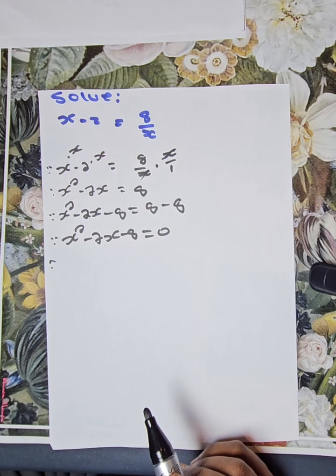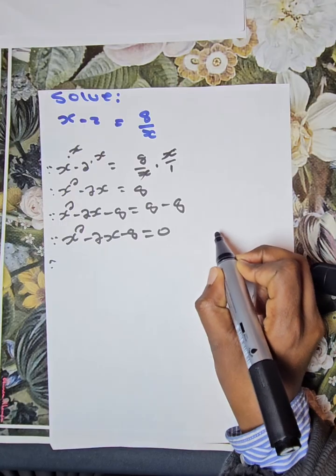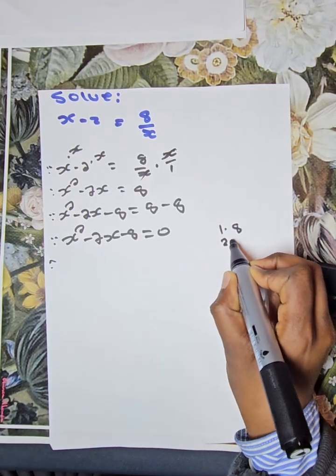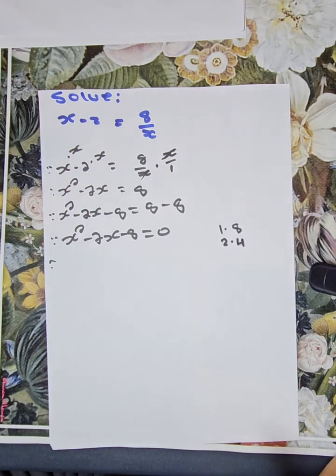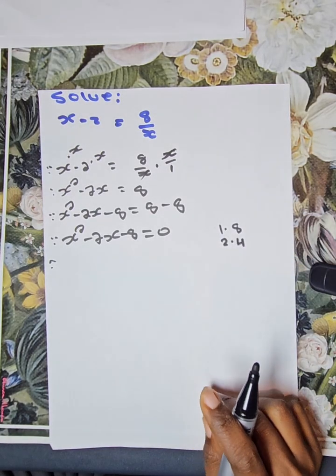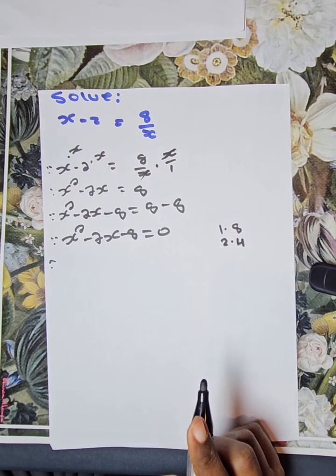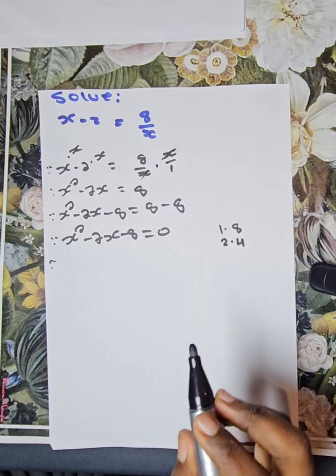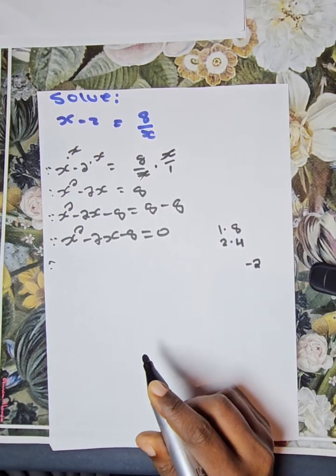Now, we have to find the factor pairs of 8. It's 1 times 8, also 2 times 4, using natural numbers. Now, we have to find the pairs that will give us the coefficient of x term, which is minus 2. How?